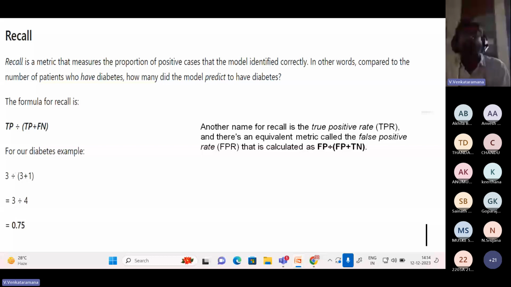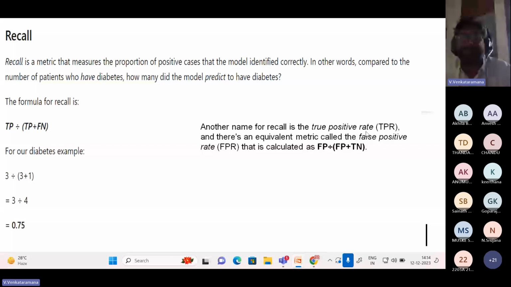Okay. Now, based on this definition, calculate the recall value of your machine learning model. For this EV battery health monitoring model, what is the recall value?